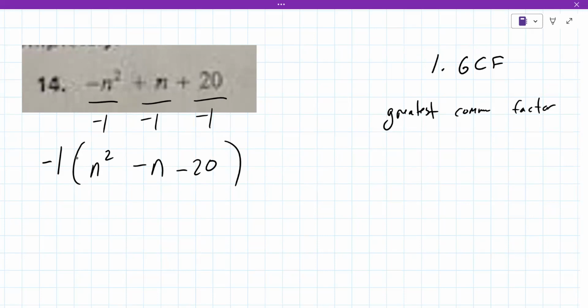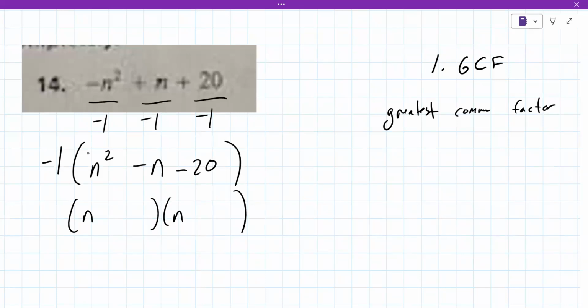We'll do a couple more examples here, see if it makes more sense. All right, now the main thing here is that you recognize that it's an a equals 1 type problem. So it will be n and n here.